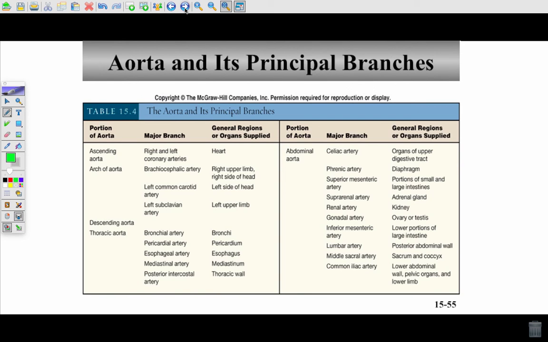This is just more of a reference. We're not going to talk about all of these. We will talk about the, let's see, well, we already talked about these ones. Okay, so we already got this one. And we will talk about the renal artery when we do the kidneys.